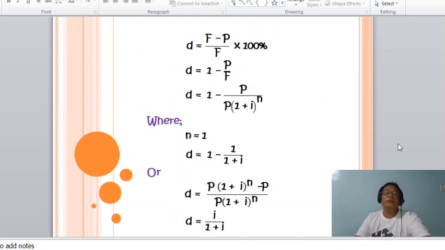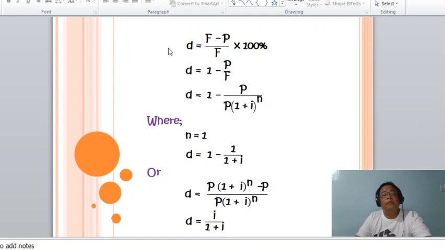The rate of discount, D, is equal to the discount over the future amount. Or simply, the rate of discount is equal to (F minus P) divided by F, which is equal to 1 minus P divided by F.